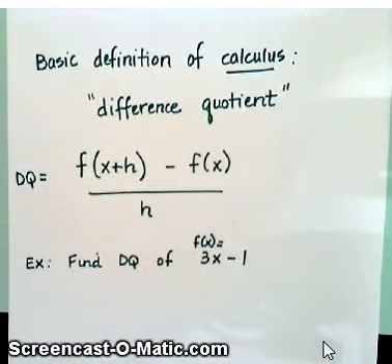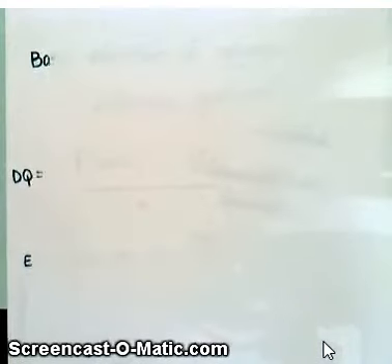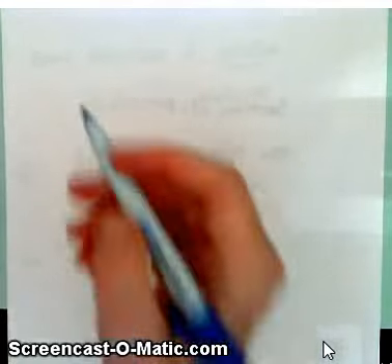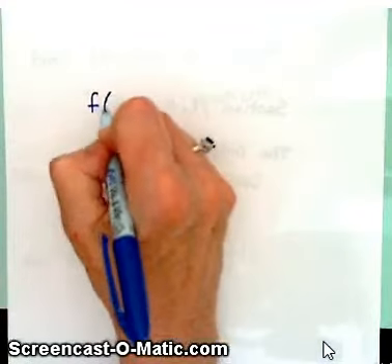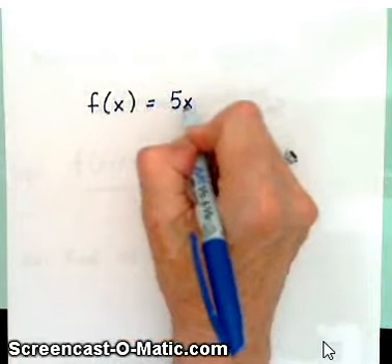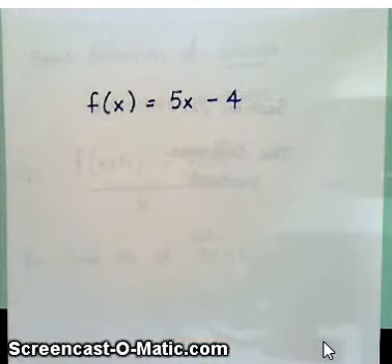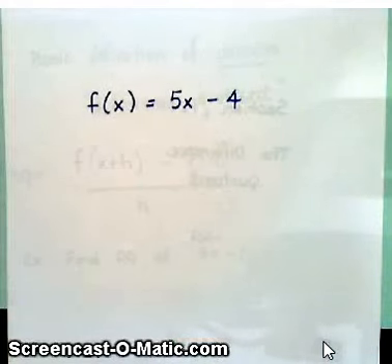Now, before we actually find a difference quotient, let me review. I'm going to put another sheet on here and just go back and review this whole idea of the value of different functions. Let's say you have a function f of x is equal to 5x minus 4. That function, a linear function, does not have a specific value right now because we don't know what x is.